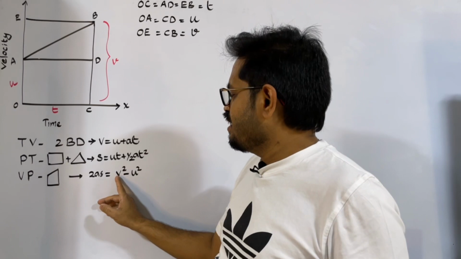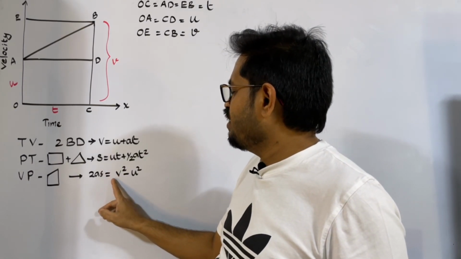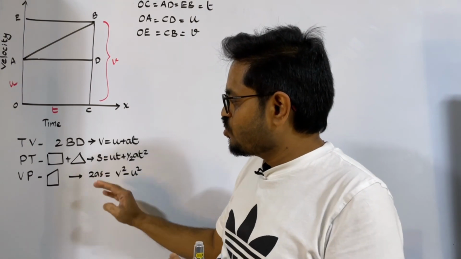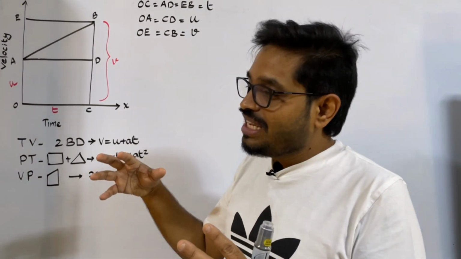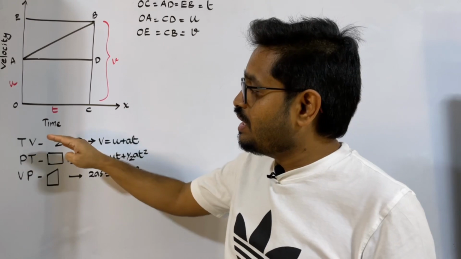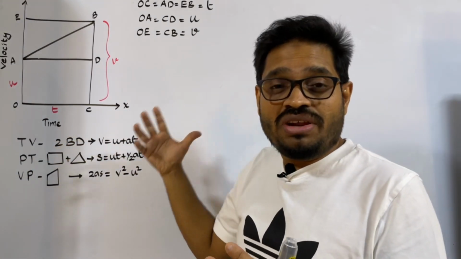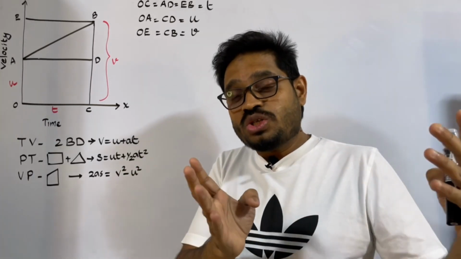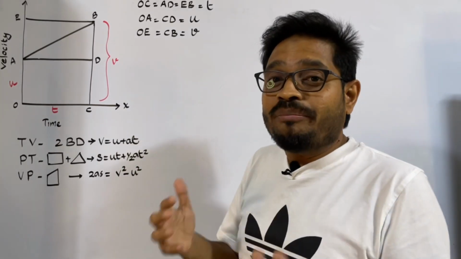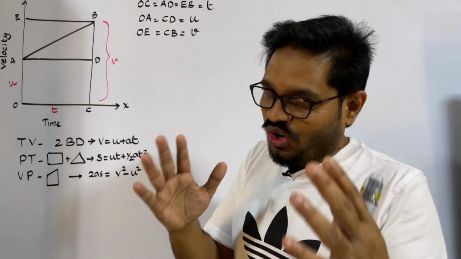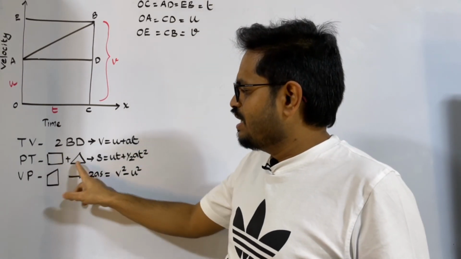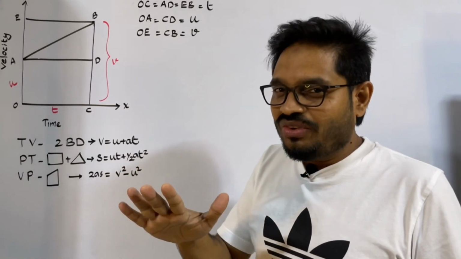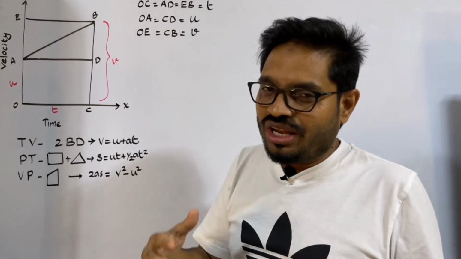You can see velocity and position, V as velocity, S as the position. So with these three ways, you can easily connect what are the major derivations that you are going to do, what is the formula at the end you are going to get derived, and what are the methods you need to derive it. Hold on guys, this BD and this triangle, rectangle and the trapezium I didn't explain. That is on the way, and I'm sure you will rock and roll.